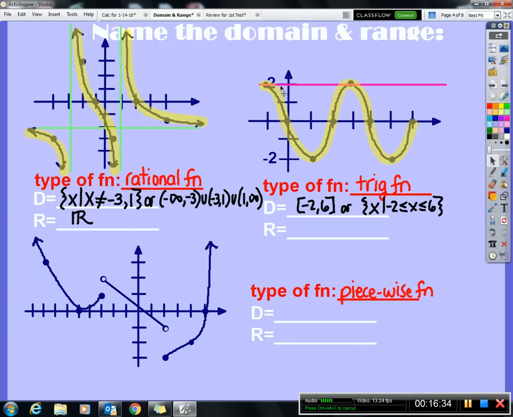And then above that, the graph doesn't touch any more y values. So I would probably just say the range, in interval notation, is -2 to +2, with brackets. You could also write it similarly as we did the x notation, except you would say all y's such that -2 is less than or equal to y is less than or equal to 2.